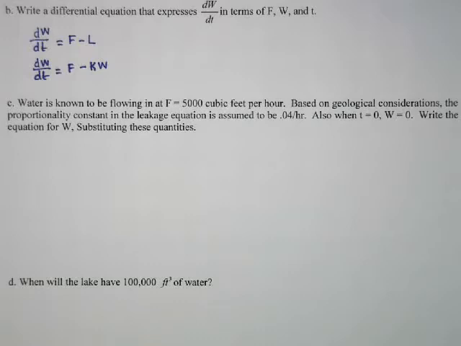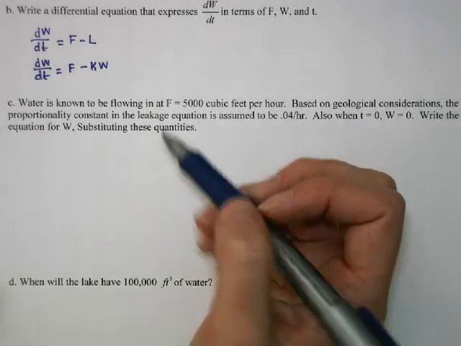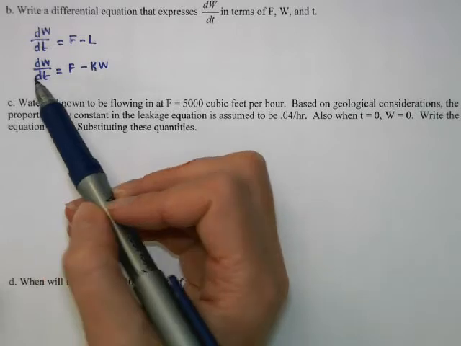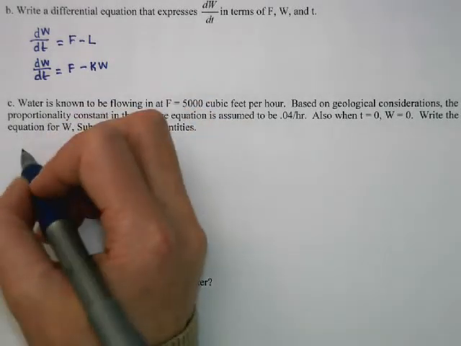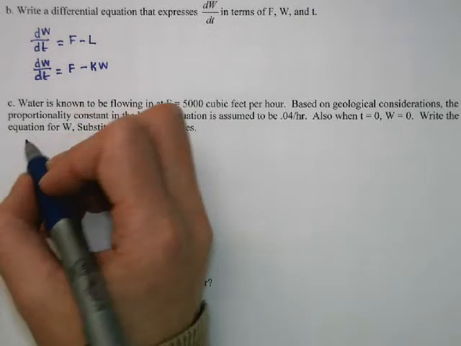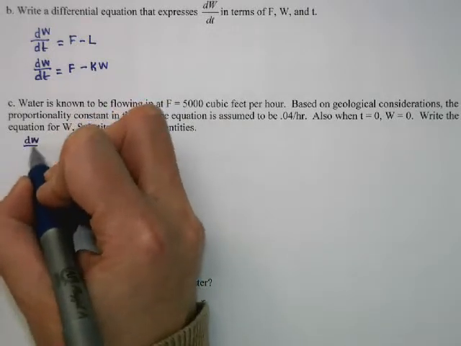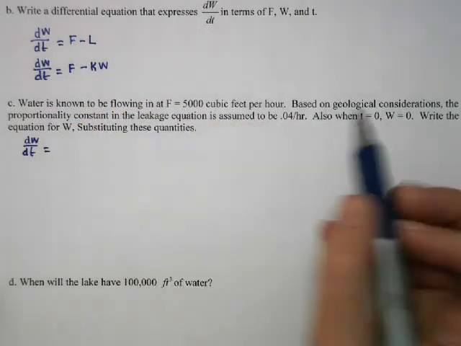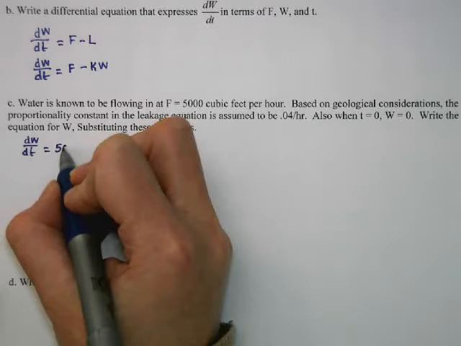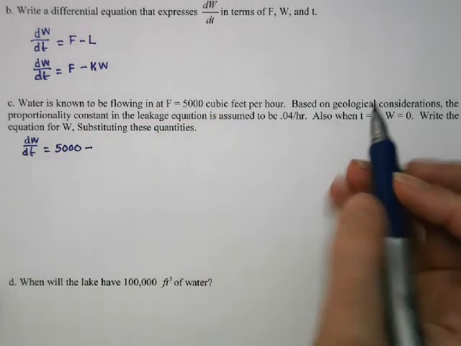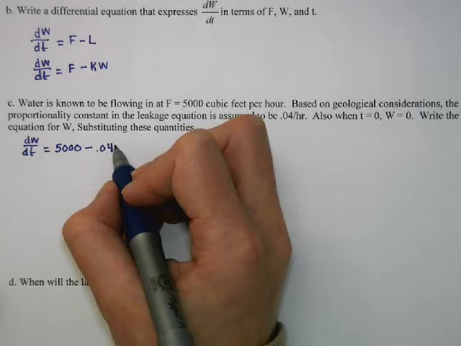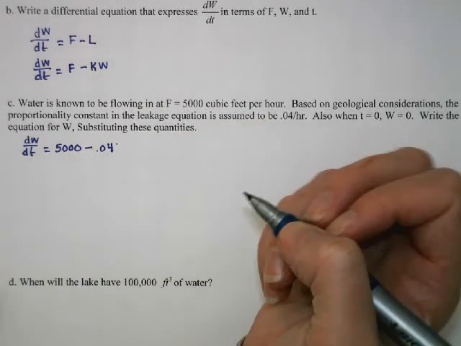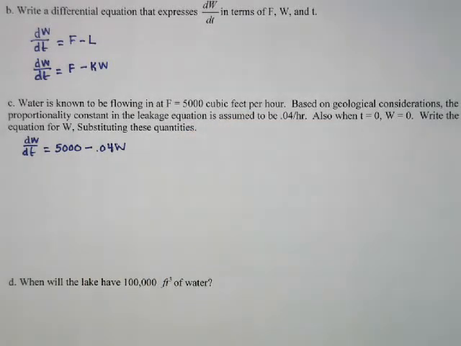Okay, in my notes online, I solved this differential equation generically, then plugged in the information. Here in the video, I'll do it the other way around. So dW/dt is going to be, F we know is 5,000, minus the K they tell us is 0.04 times W. All right, we're going to separate the variables.